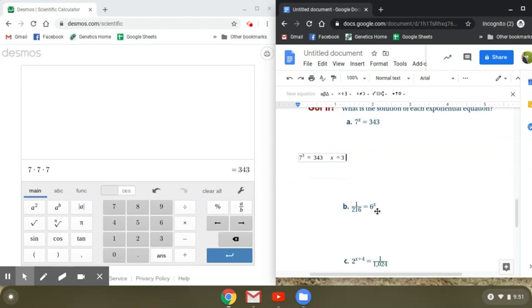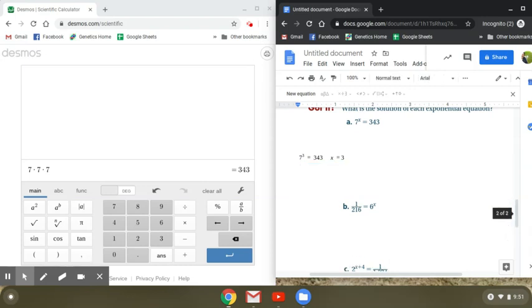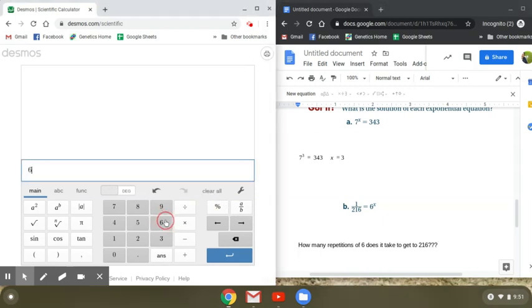All right, let's try this one. We recognize in this case, again, we're going to have a negative exponent because we have a fraction. Let's figure out how many repetitions of 6 it takes to get to 216. That's what we're asking ourselves, and that's what x is going to be equal to. So we have 6 times 6, not quite, times 6. So 3 repetitions.